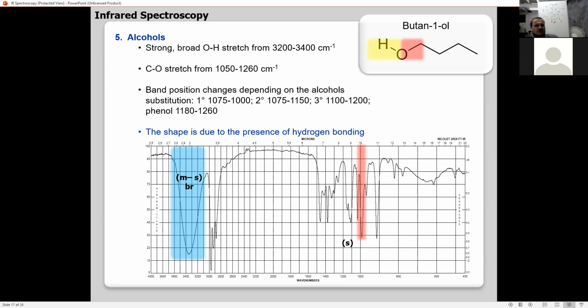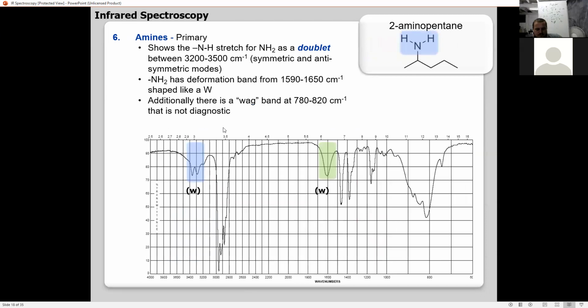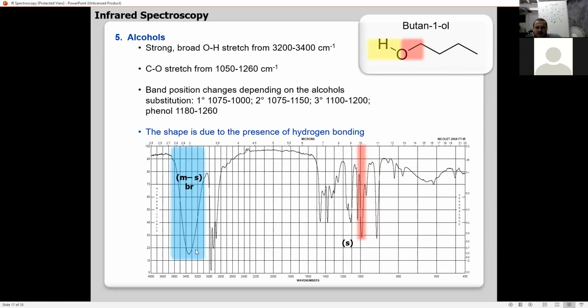But you're not given that information in your data booklet, it's just a good piece of information to know. So take away from this one, we have hydrogen bonding present. This is why we have this shape here. If you see this shape, you know it has an OH bond, regardless of everything else.